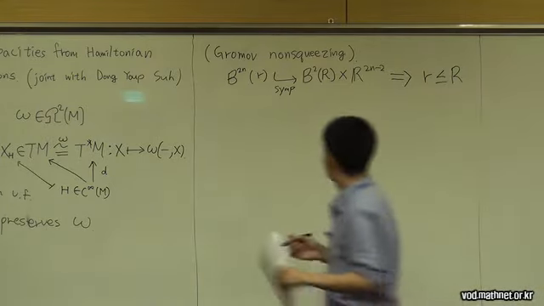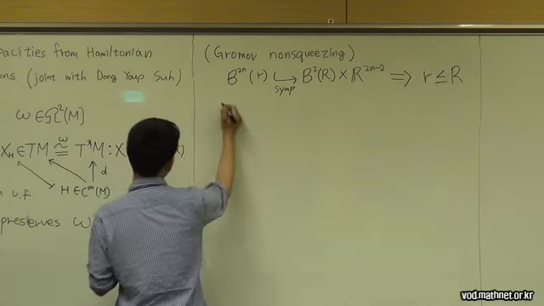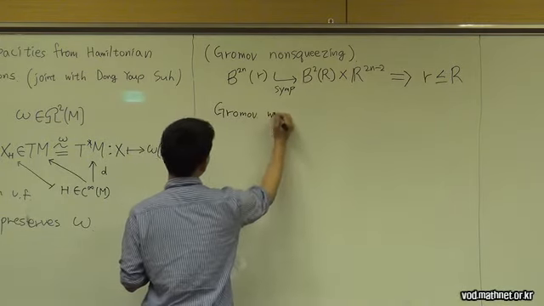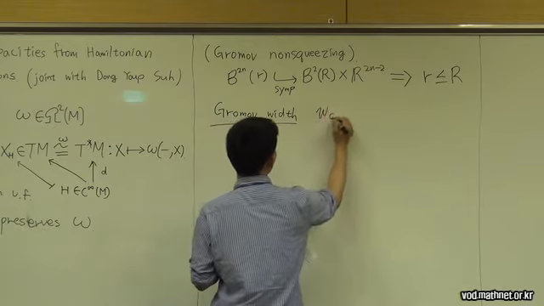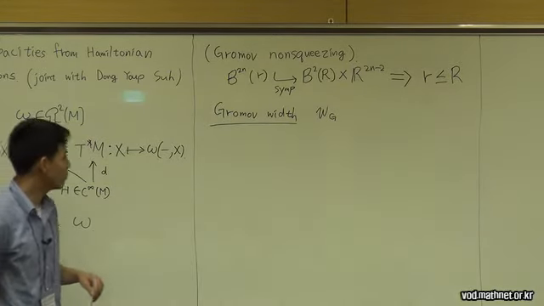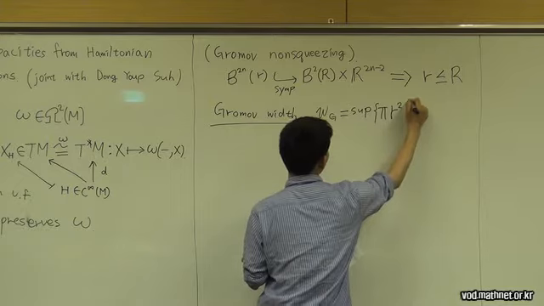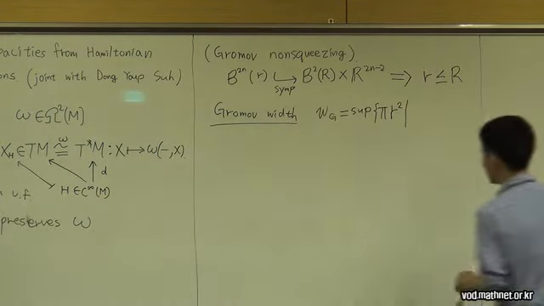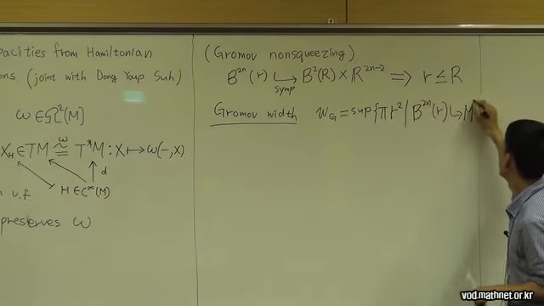From this theorem, we have the following definition of Gromov width. We denote it by WG, and this is defined to be the supremum of pi r squared, where the ball of radius r is embedded in M. By the definition, we have the following properties.